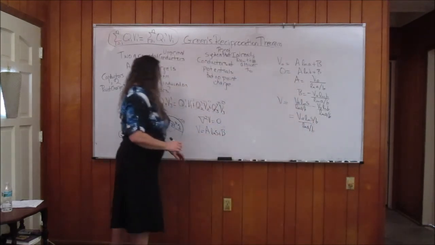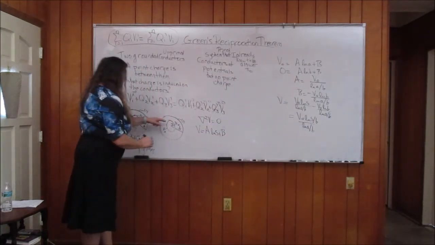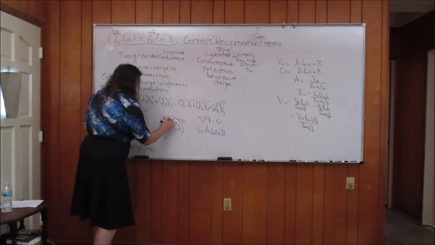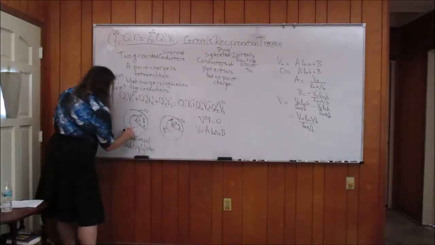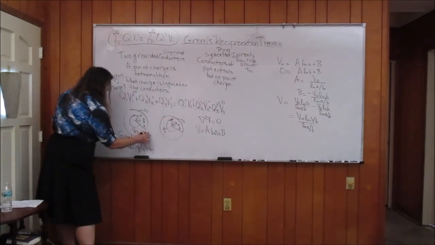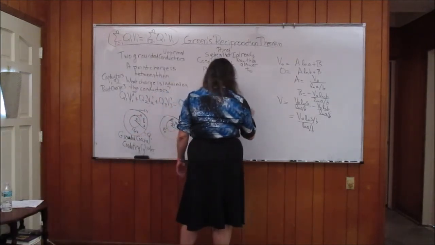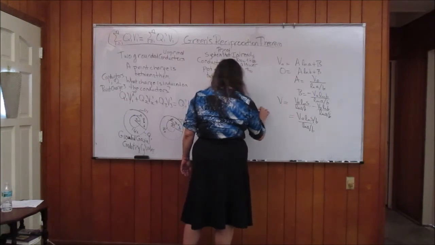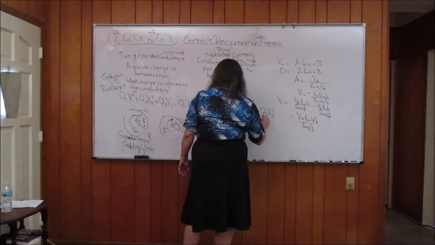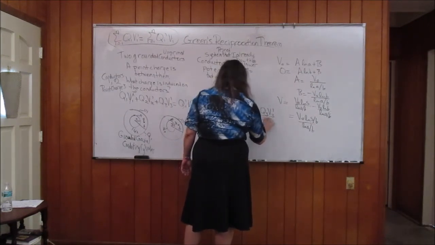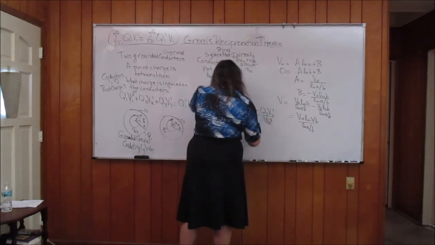I want to figure out first what is the charge induced on the inside. So this is Q2 here, and this will be Q1. So on the inside cylinder, that's going to be Q2 is equal to minus Q3 V3 prime over V2 prime.